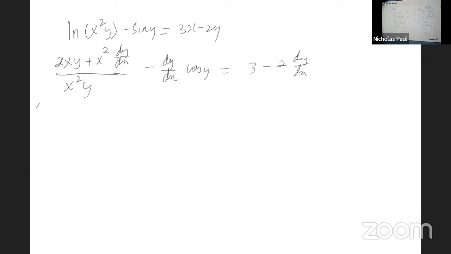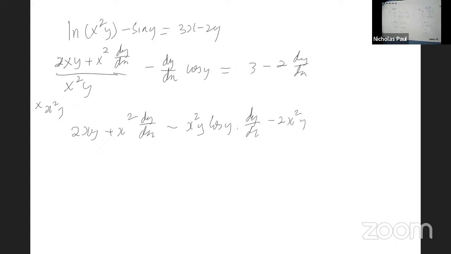If you want, you can multiply everything by x squared y. So you'll get 2xy plus x squared dy dx minus x squared y cos y dy dx minus 2x.